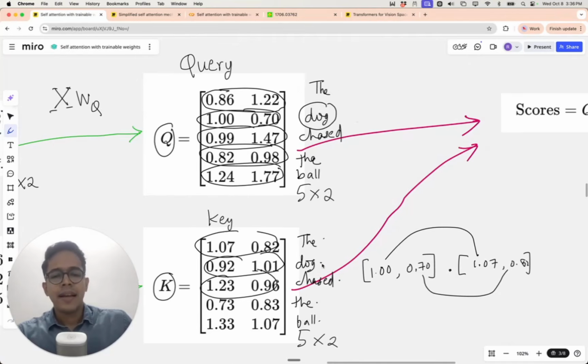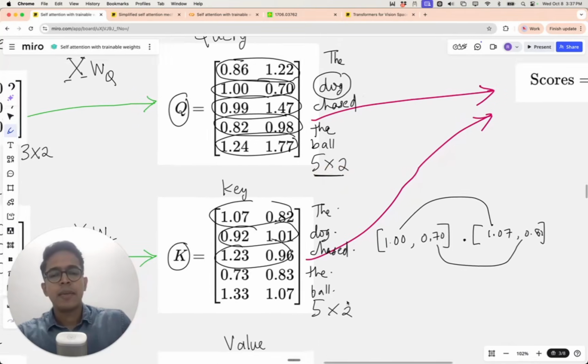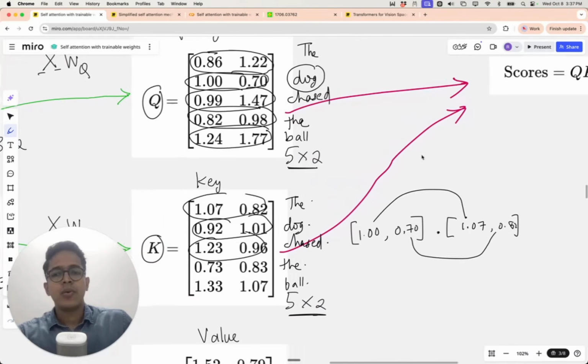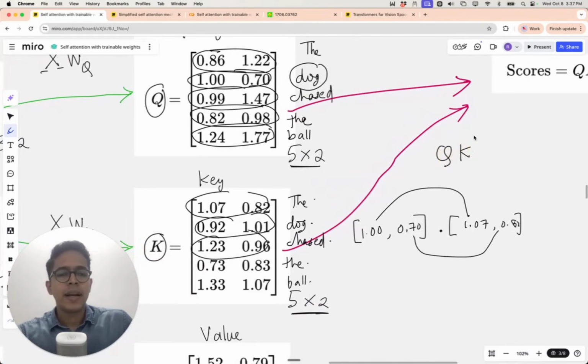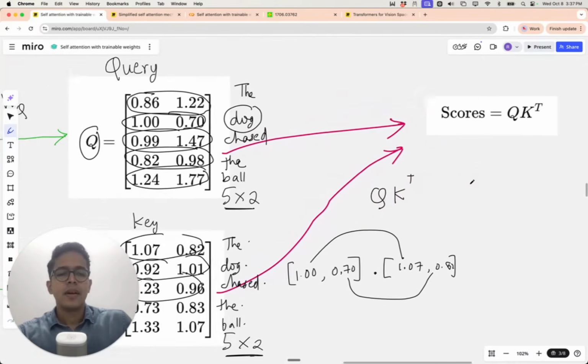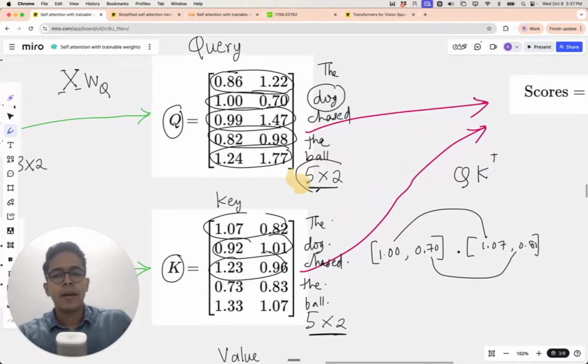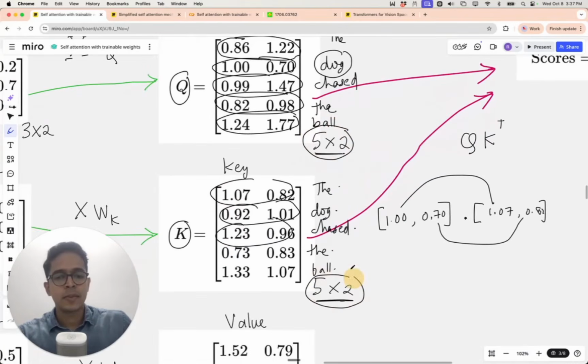Which means at the end of the day, if you have 5 vectors in your input, you will have 5 by 5, 25 attention scores as the final output. And how do you get 25 attention scores from this 5 by 2 query matrix and 5 by 2 key matrix? You can simply do Q multiplied by key transpose. When you do that, you are multiplying a 5 by 2 matrix with a 2 by 5 matrix, because you are taking the transpose of the key, which gives a 5 by 5 result.